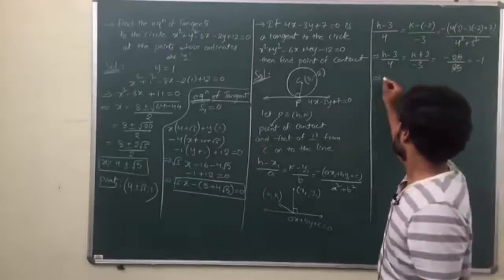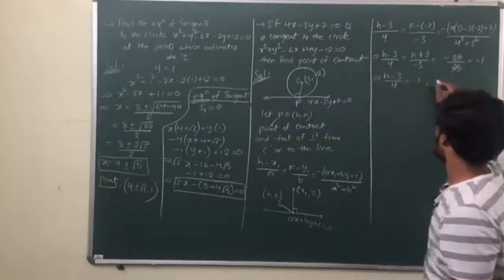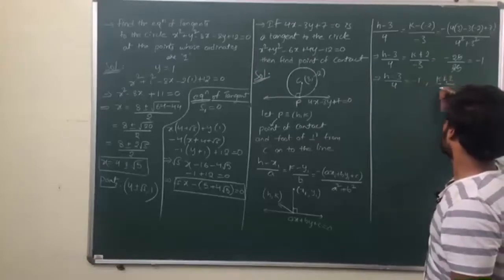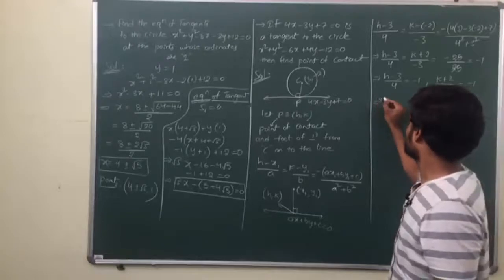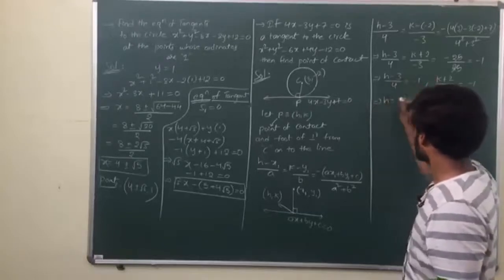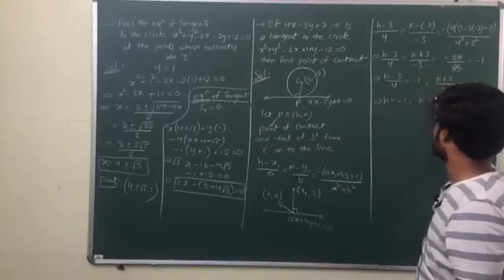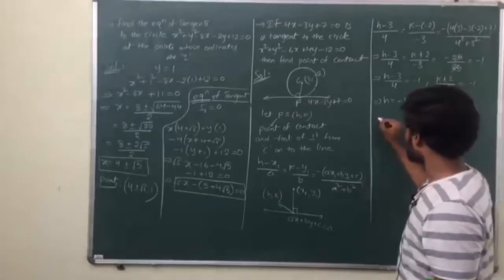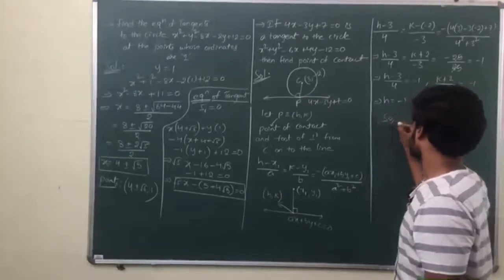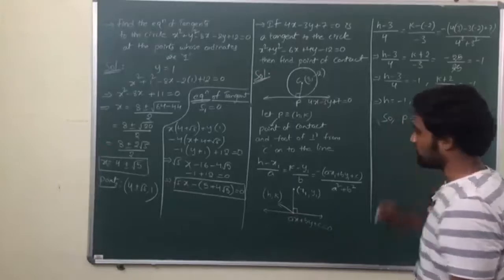Now, (h minus 3) by 4 is equal to minus 1, as well as (k plus 2) by minus 3 is also equal to minus 1. So h is equal to minus 4 plus 3, minus 1, and k is equal to minus 1 into minus 3, 3, minus 2, which is 1. So the point of contact, point P, is (minus 1, 1).